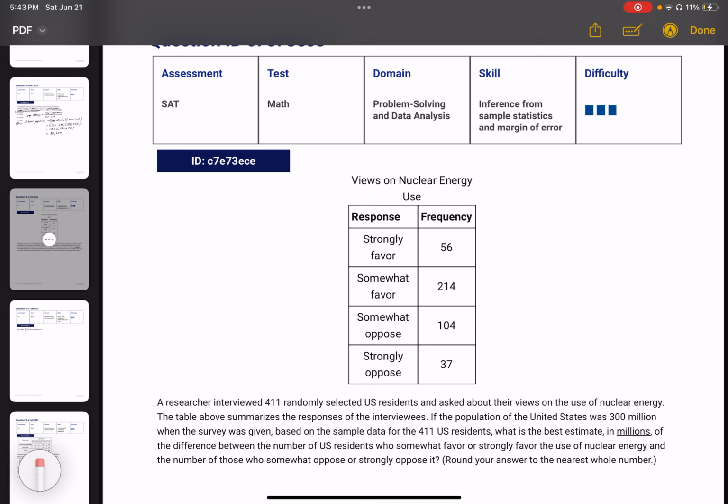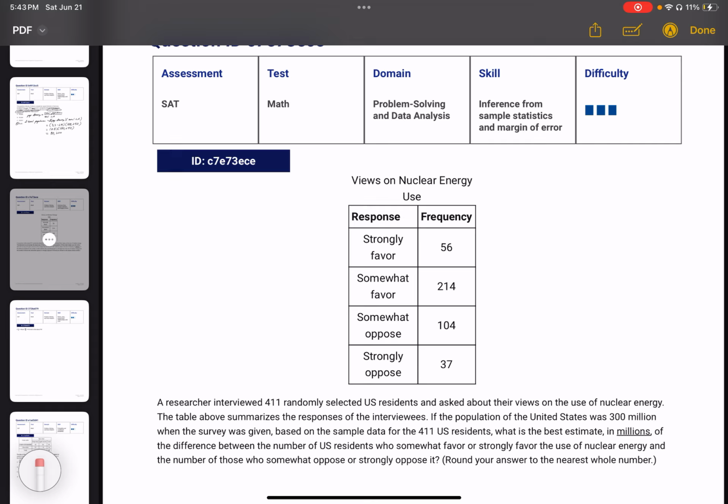If the population of the United States was 300 million when the survey was given, based on the sample data for the 411 U.S. residents, what is the best estimate in millions of the difference between the number of U.S. residents who somewhat favor or strongly favor the use of nuclear energy and the number of those who somewhat oppose or strongly oppose it?